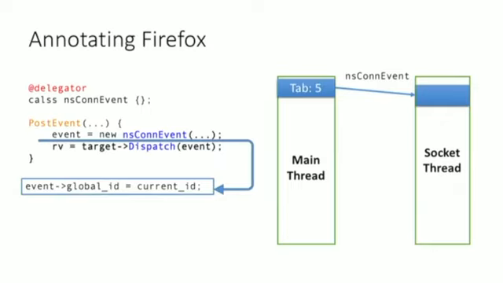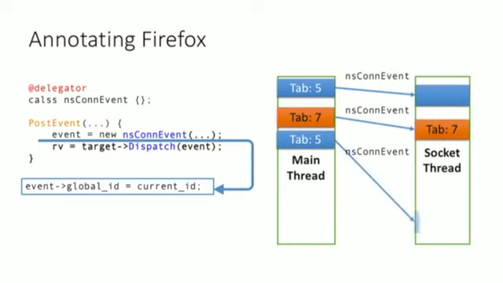But whenever we have a new instance of the delegator class, we instrument another line to inherit the current ID, inherit the current global context. And when this event is eventually dispatched to the worker thread, the worker thread, by nature, will know the global context.